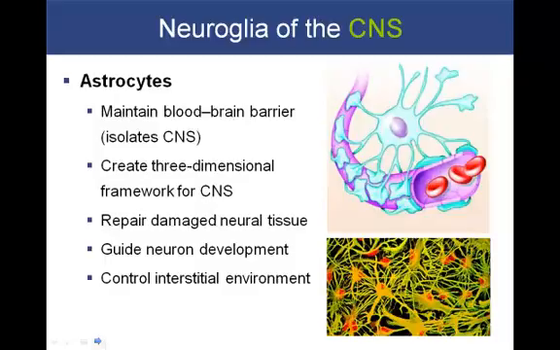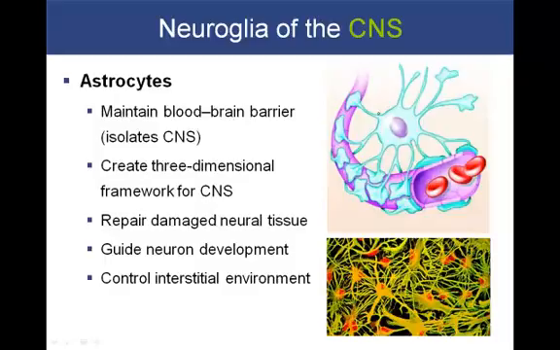If you consider the hormones, the amino acids, and the other chemicals that fluctuate in blood, these chemicals could ultimately affect neuron function. So it's very important to keep the interstitial fluid of the central nervous system separate from the bloodstream. And astrocytes do that.